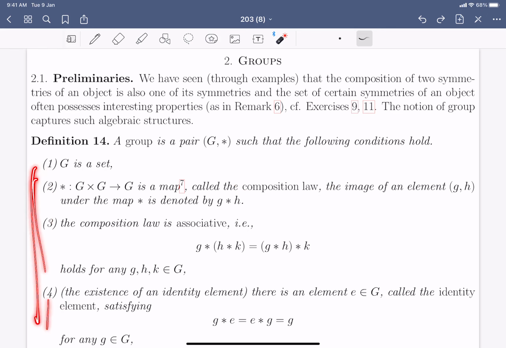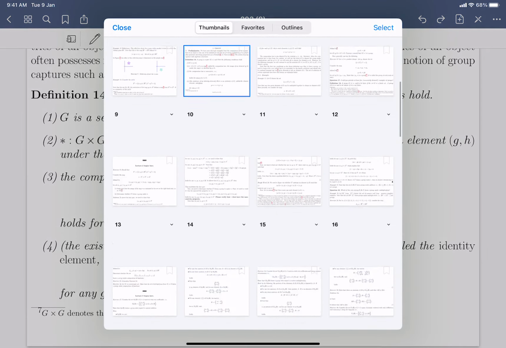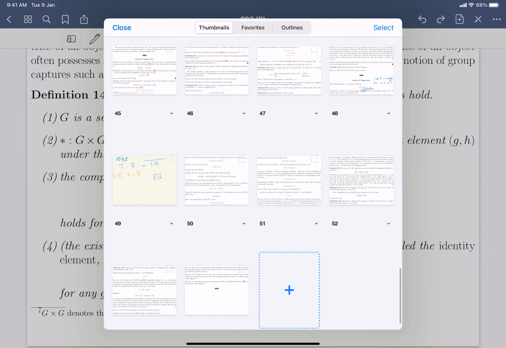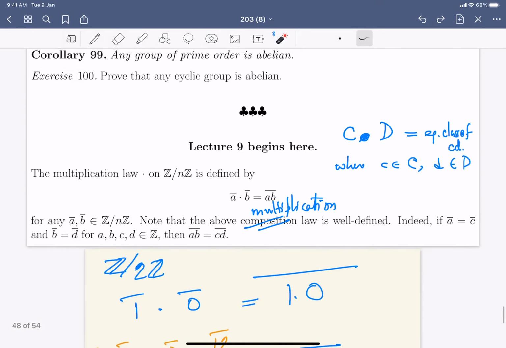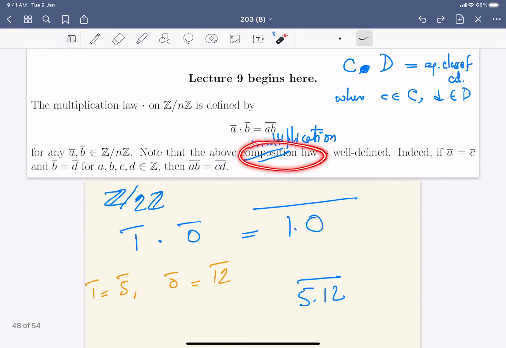From this one might be under the impression that this term composition law makes sense only in the context of groups, and in that case, using the terminology composition law here could lead us to certain troubles, because Z mod nZ does not form a group in general under this multiplication law.